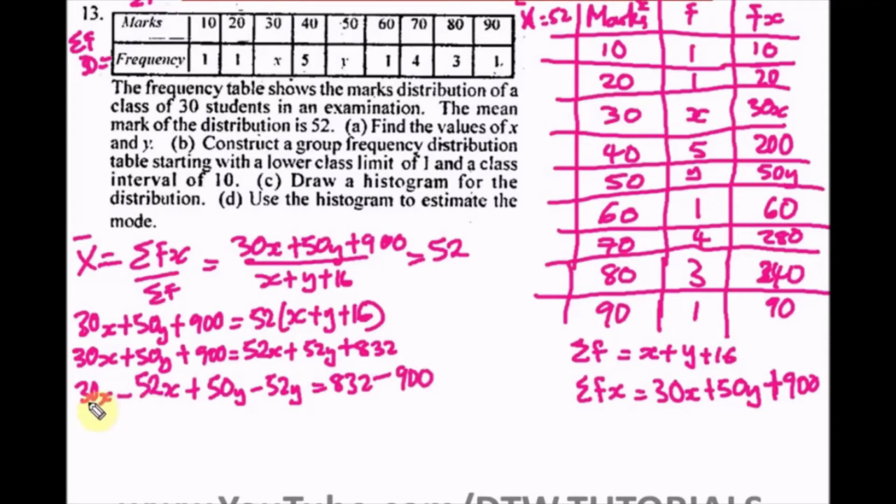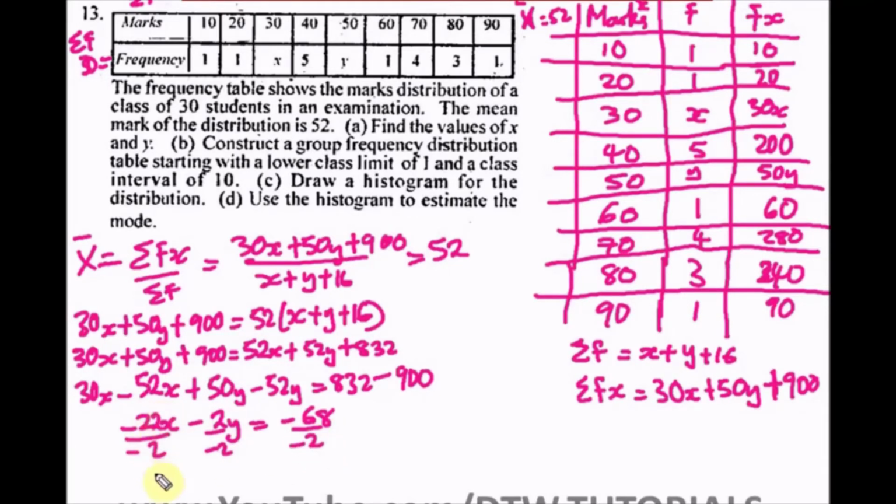So from here, what do we have? 30x minus 52x will give us minus 22x, and 50y minus 52y will give us minus 2y, equal to 832 minus 900, which is negative 68. We can simplify this by dividing both sides by minus 2.